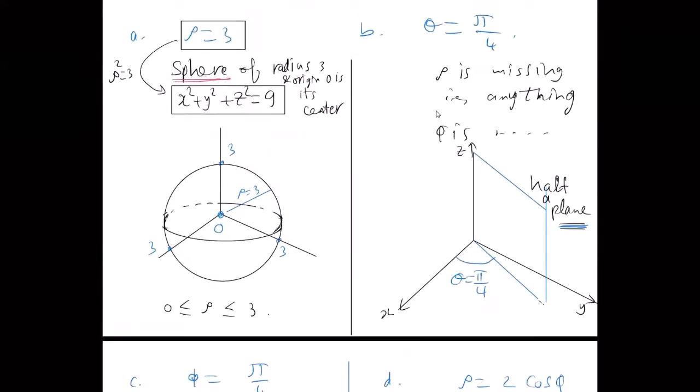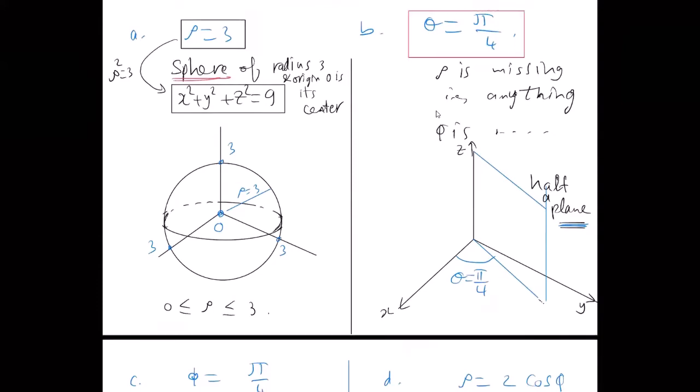The equation is theta equals pi over 4. Theta equals pi over 4 means all the points whose projection has this same angle with the x-axis. For every z, for every point having this angle with its projection, this is the locus of these points.